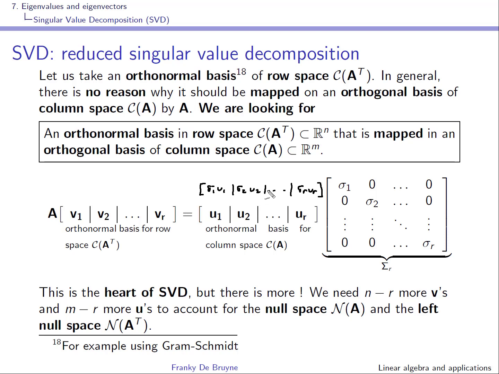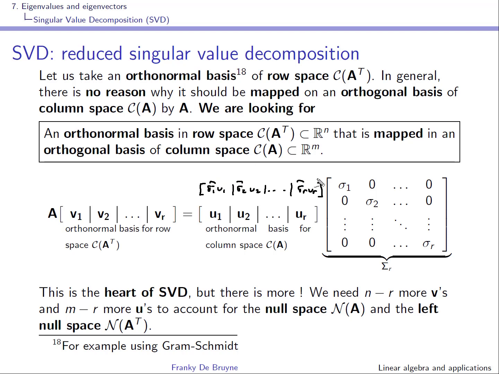This is what we had written in the previous slide, but you can rewrite this as the product of two matrices. In the first matrix you put the vectors u1 to ur, and the next matrix is a diagonal matrix in which you put on the diagonal these coefficients that you have over here.